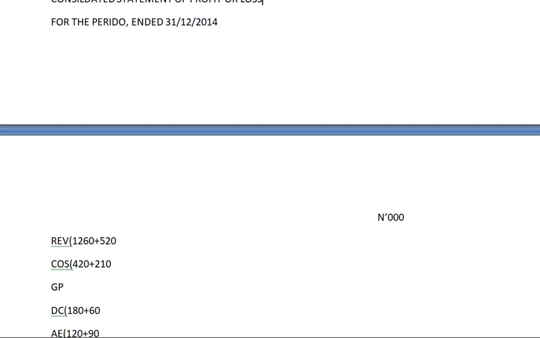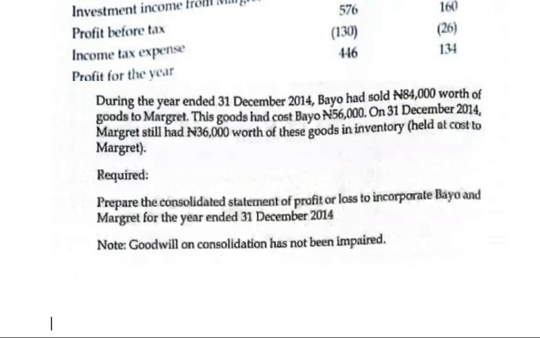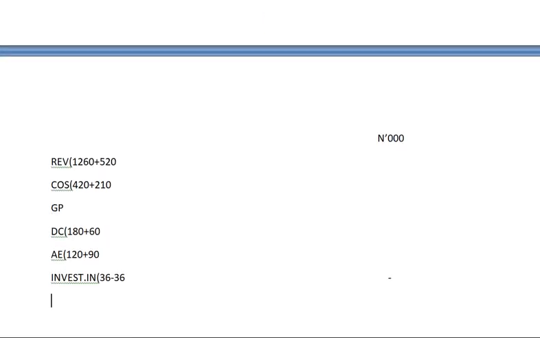Then the next item will now be profit before tax. But we have income tax there, 130 and 26. Whatever you get is profit before tax, so you leave that space.